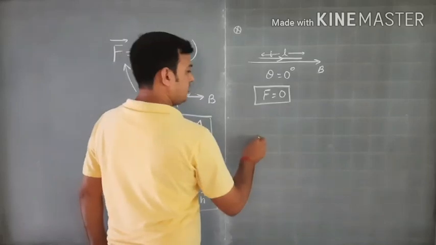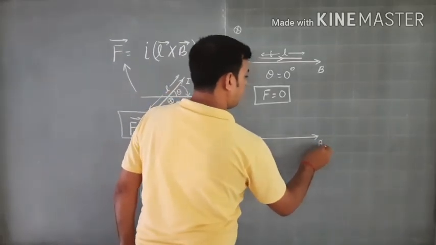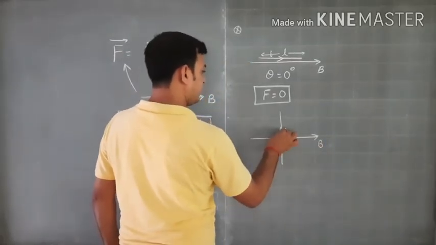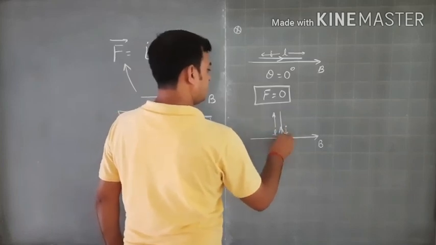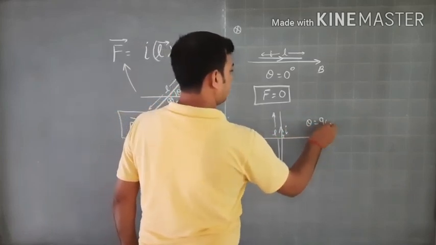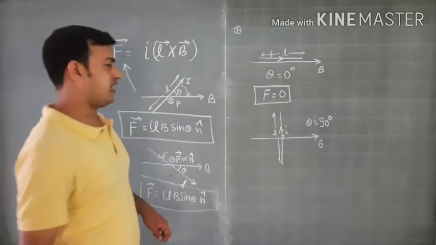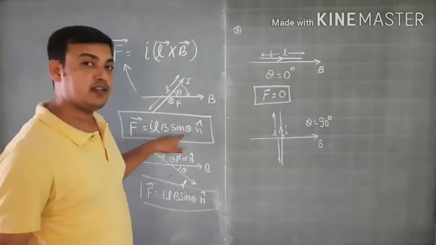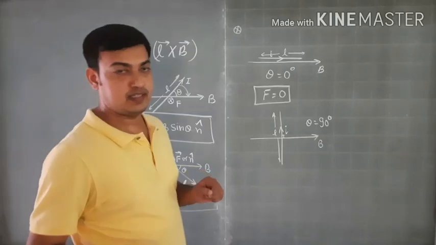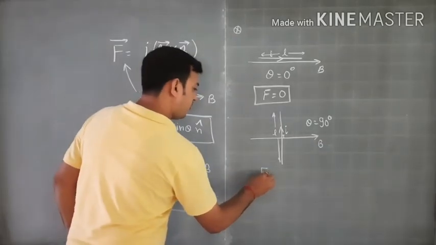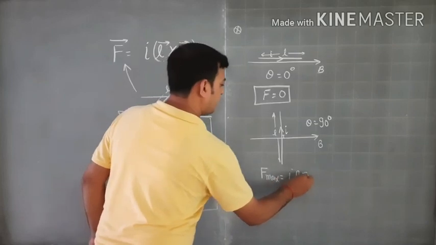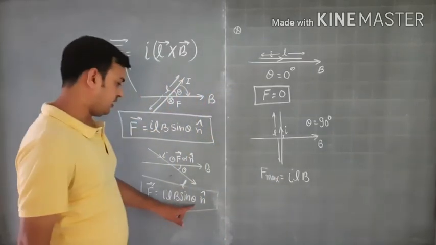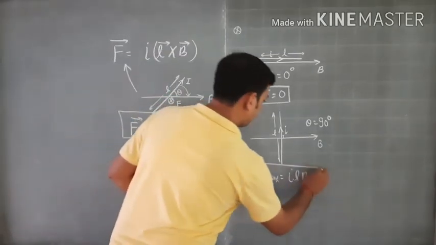And the last one: if my wire is placed perpendicular to the direction of magnetic field, then theta is 90, sine 90 is 1, and that is the maximum value of sine theta. So the force will be maximum, and it will be I L B, because sine theta is 1.